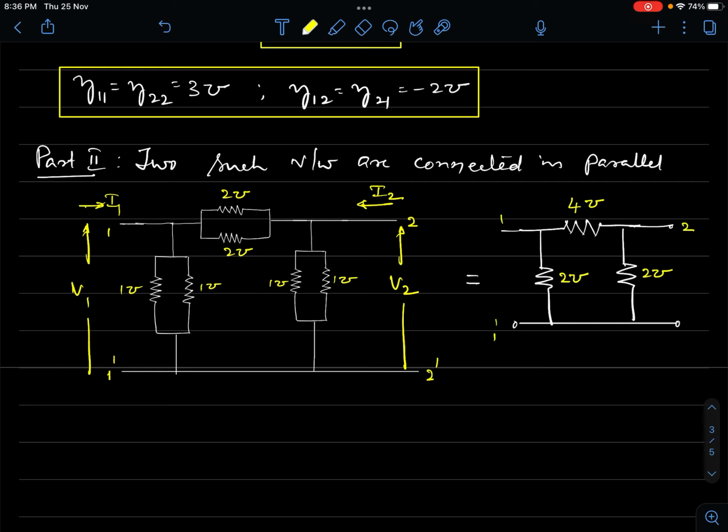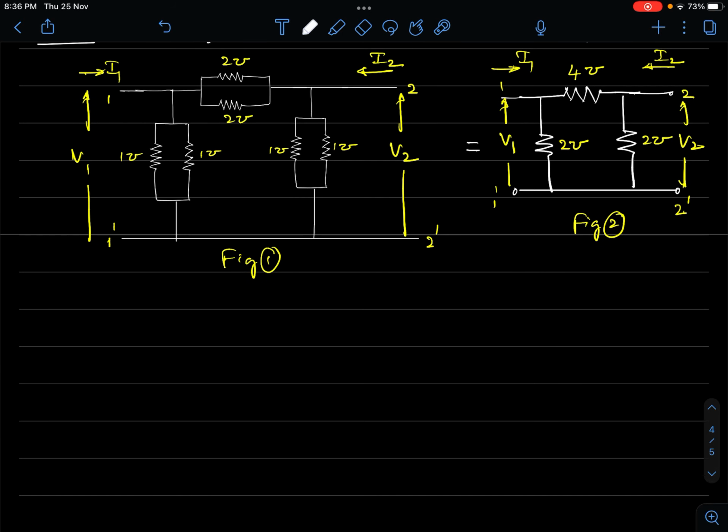This is my 1 and 1 dash, this is my 2 and 2 dash. Now this is the resultant network. This is figure 1, this is figure 2. Figure 2 is the resultant network of two given networks in parallel. So this is V1, this is V2, this is I1, this is I2.